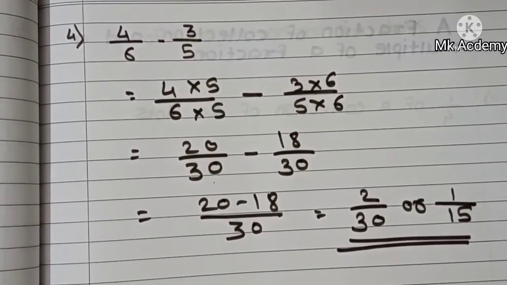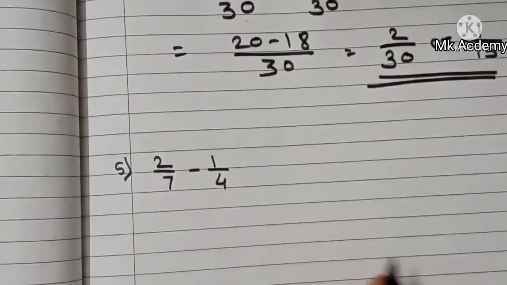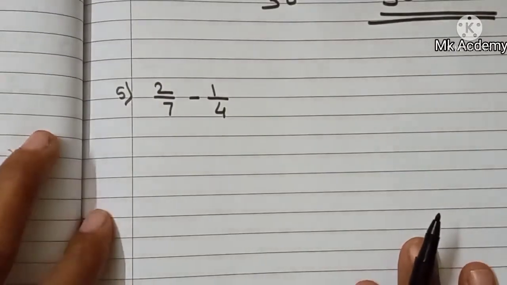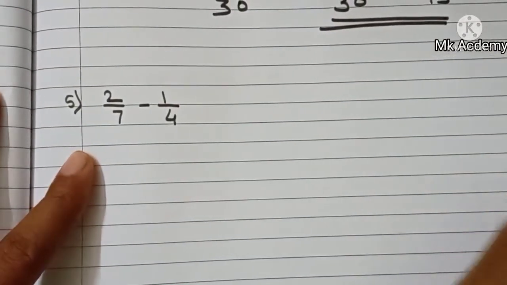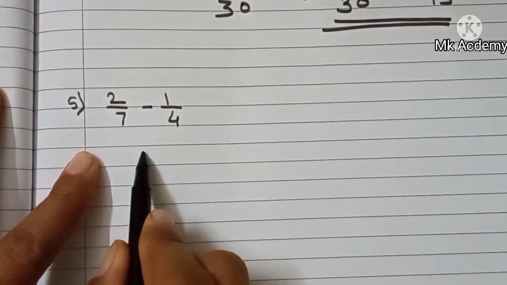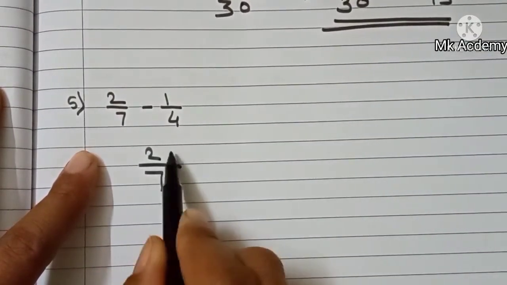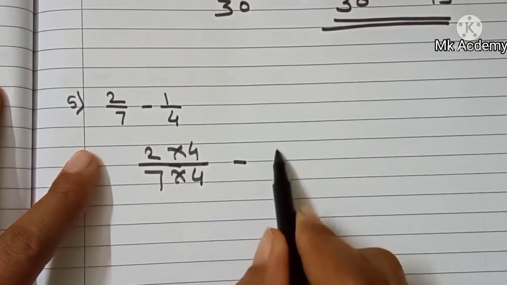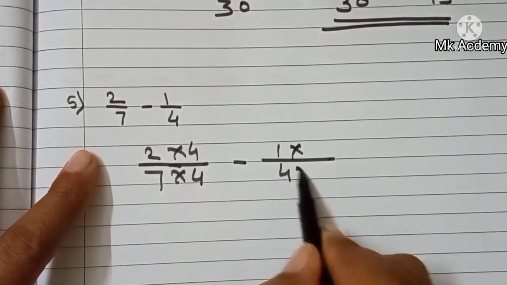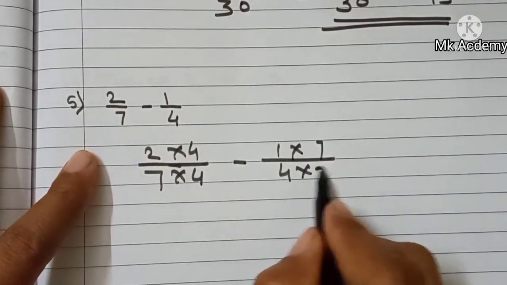Okay, now next example, example number 5. 2 upon 7 minus 1 upon 4. 2 by 7, multiply both numerator and denominator by 4, minus 1 by 4 multiplied by 7.